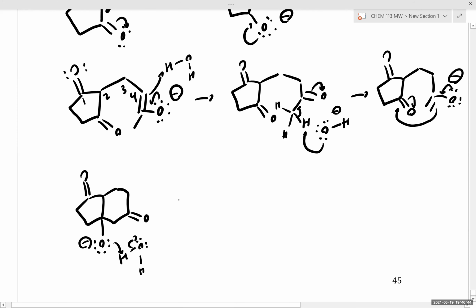So we get our beta hydroxyketone. Sure. And what's our key step that drives this reaction to be product favored? So if we treat this beta hydroxyketone with hydrochloric acid, what do we see? What happens next?